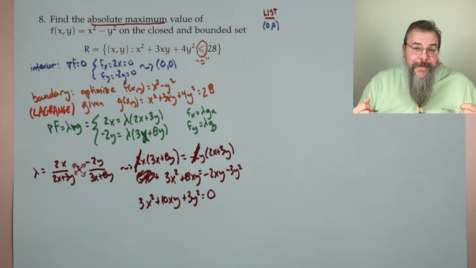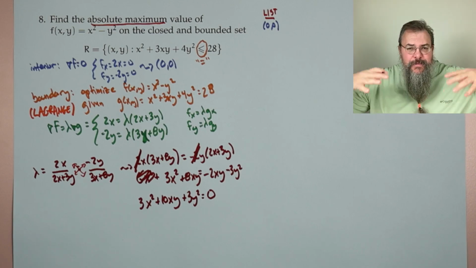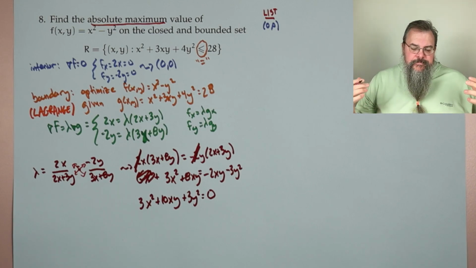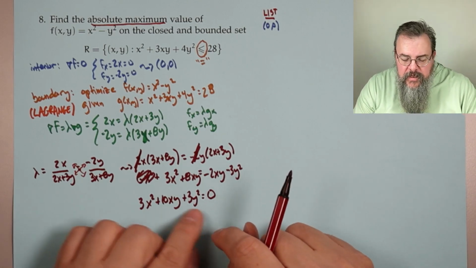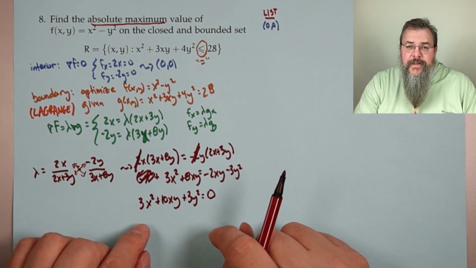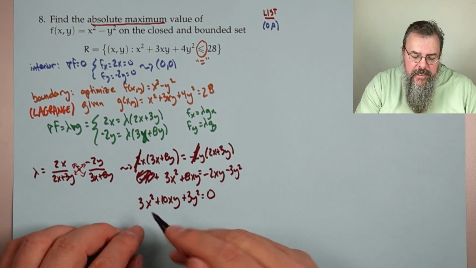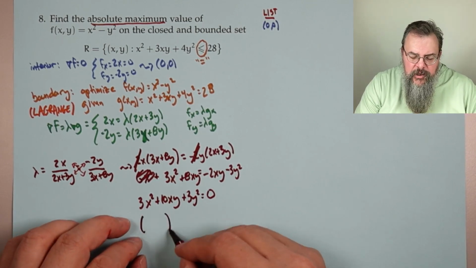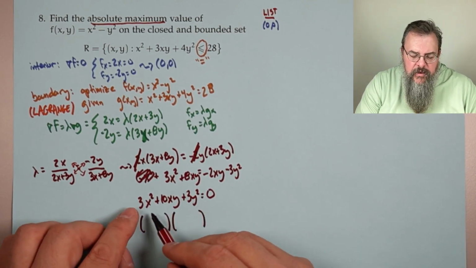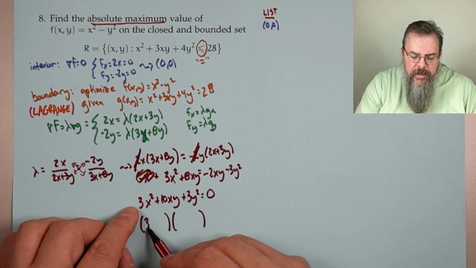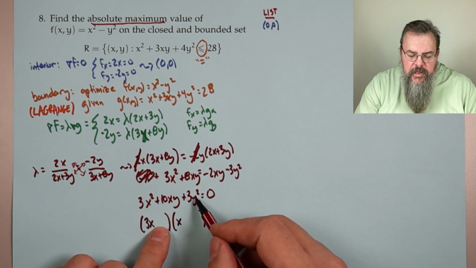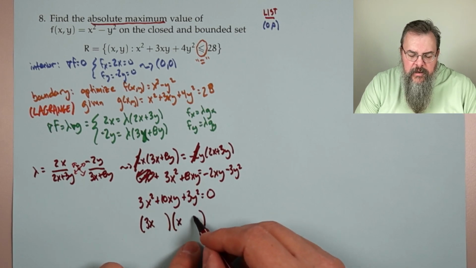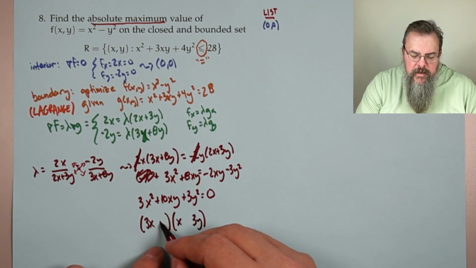But let's have faith. Suppose we think it's going to factor. What would be true? Well, notice that nothing has a common factor, so I can't have repeated factors in my individual terms. And the other thing is I see 3's. So the only way to break 3 up is as 3 and 1. I can't put the 3 here for 3y, so it has to be going there.